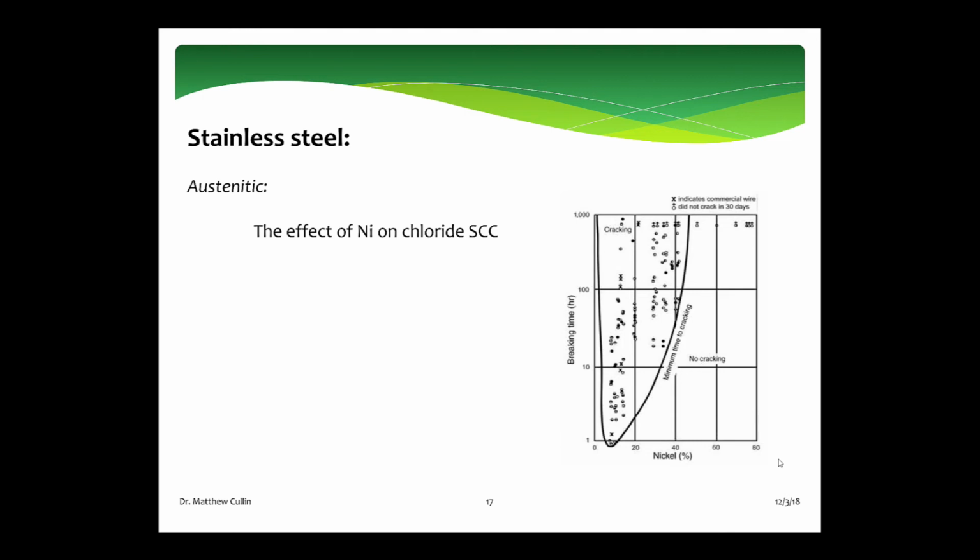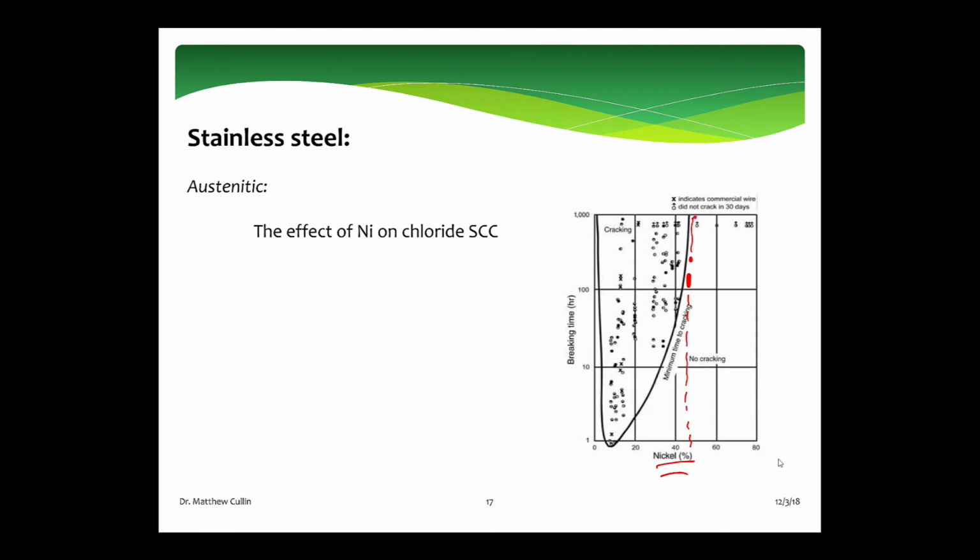They used different weight percent nickel austenitic stainless steels, put them in a really aggressive chloride solution, and figured out how long it took them to fail by stress corrosion cracking. And as you can see, there's a cutoff, which unfortunately is at a very high nickel content, where you won't have any cracking. So if you put enough nickel in there, your alloy will become completely immune to chloride stress corrosion cracking.